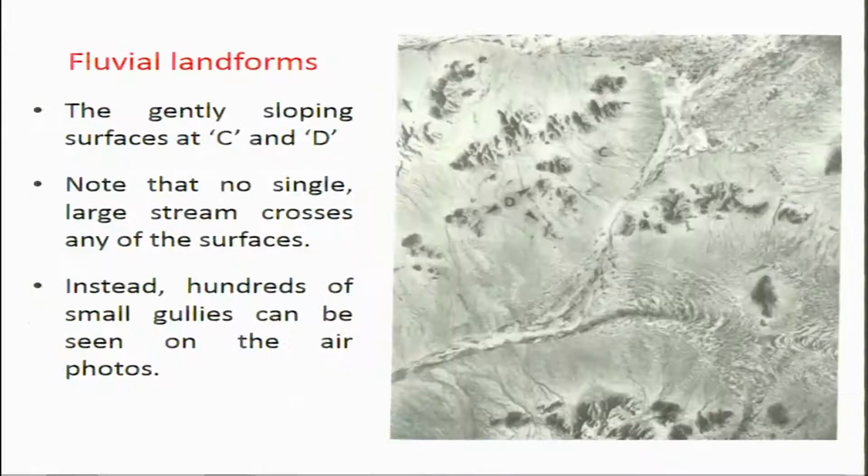The next photo is the other side of this region, where you again note the C and D part of this area. C and D represent gently sloping surfaces.